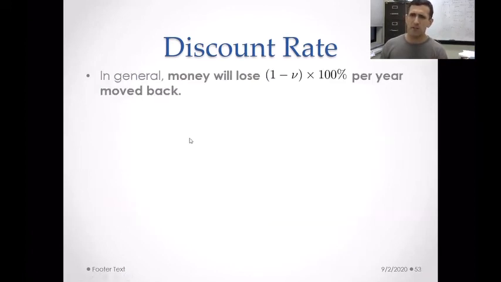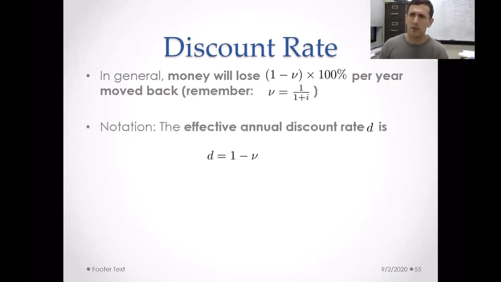All right, and that formula is, well, the formula basically, as we've seen, is that money will lose 1 minus your present value factor times 100% per year moved back.